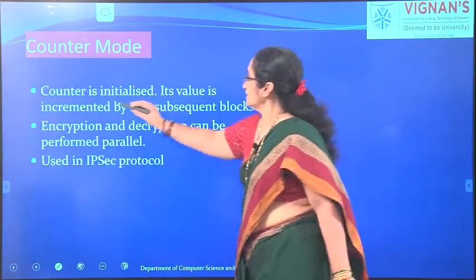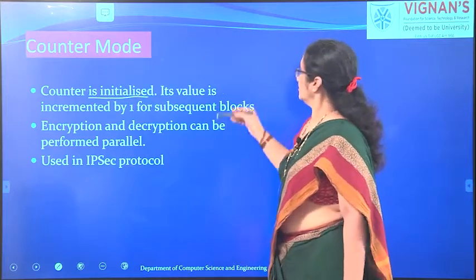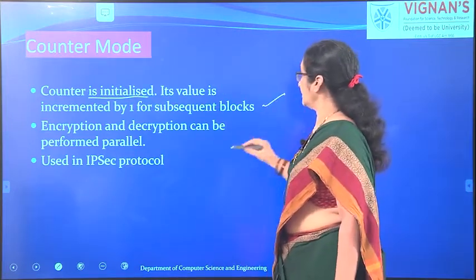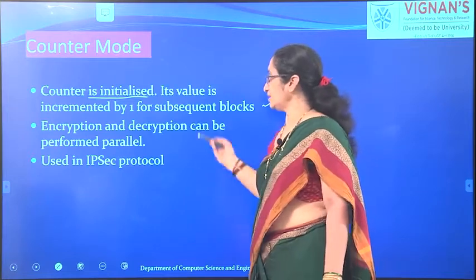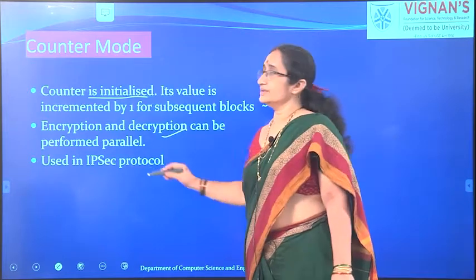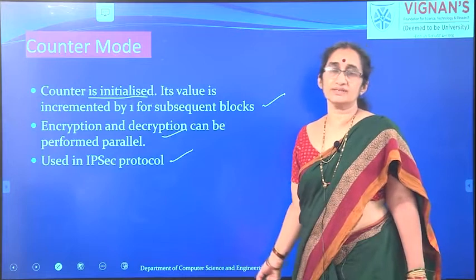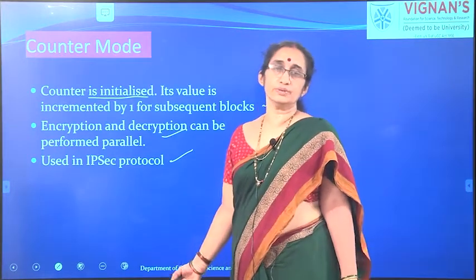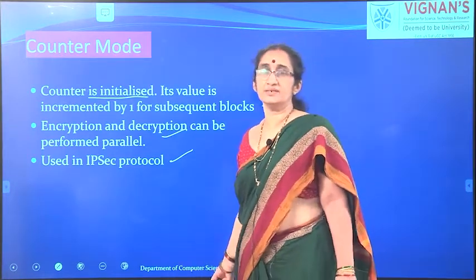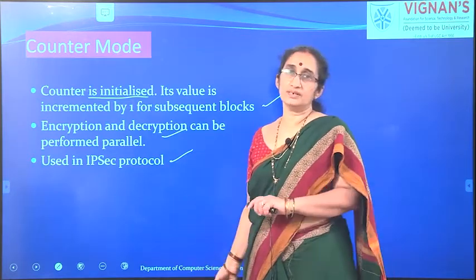So, the counter has to be initialized first, and its value is incremented by 1 with each block, and encryption and decryption can be performed in parallel because there is no connection between the different blocks, and you can use that in IP security protocol. You will be using different protocols at different layers. You have one called IP security, in that you can use this counter mode.